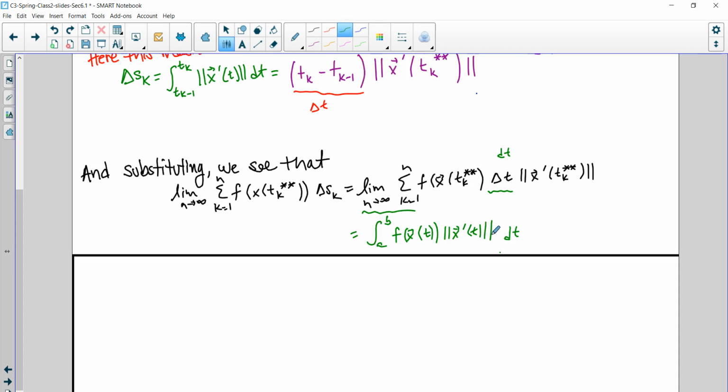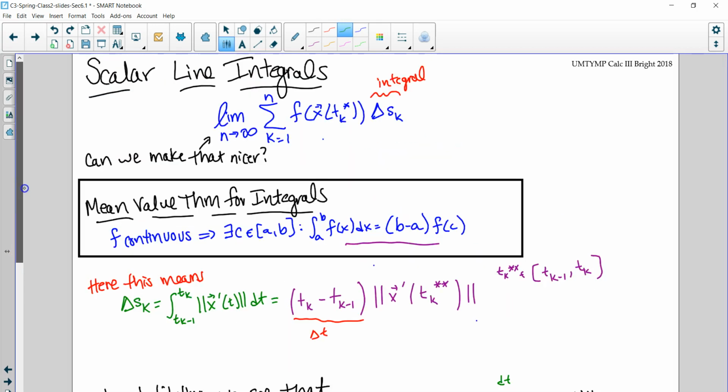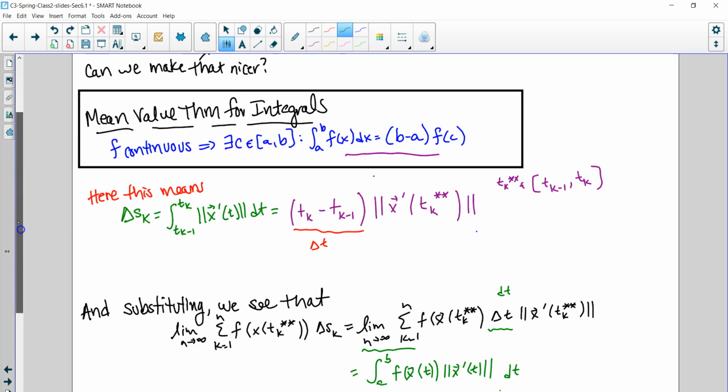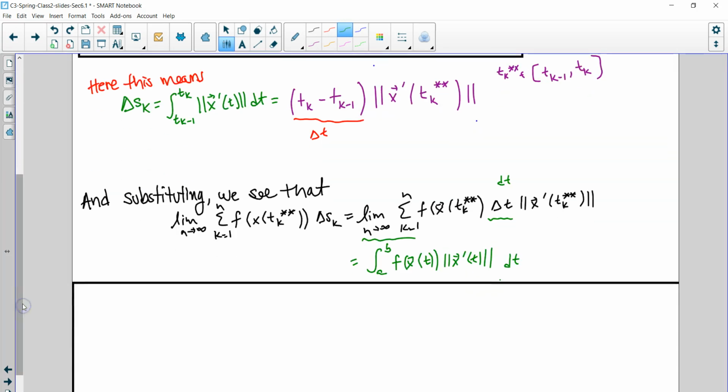Okay, so this suffices to say that the whole complicated limit that we found in the previous video and started with here can actually be reduced using the mean value theorem for integrals to this little expression.